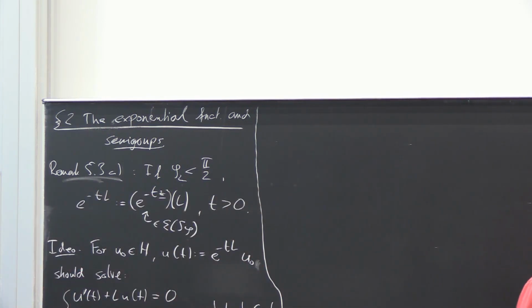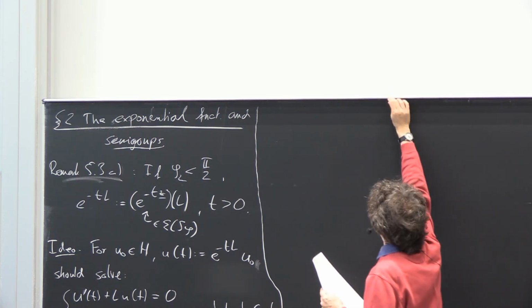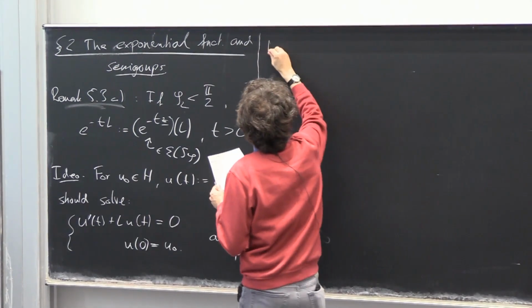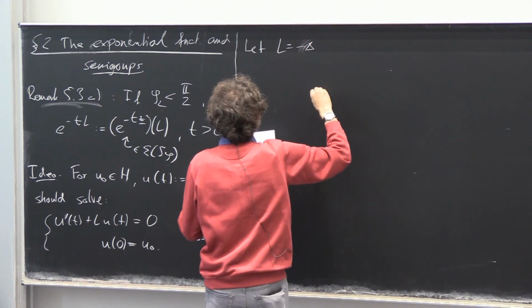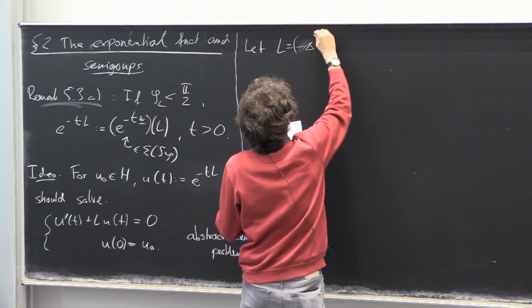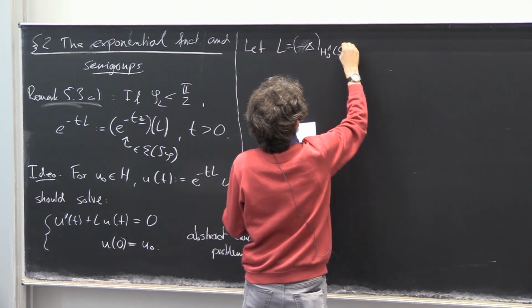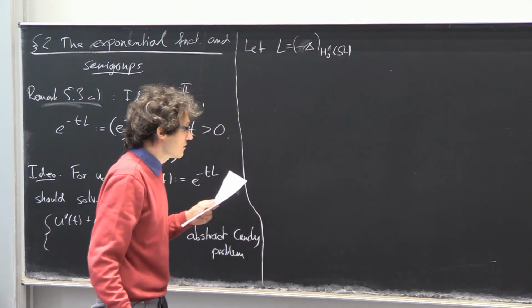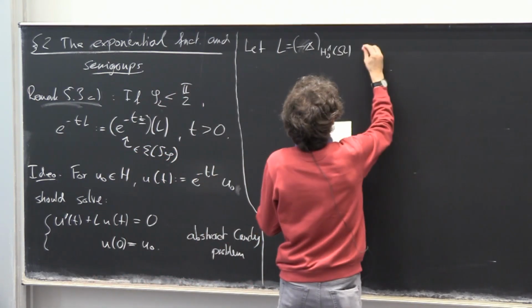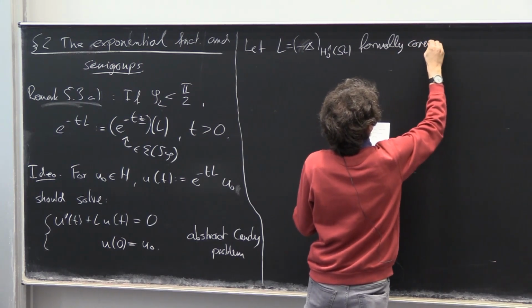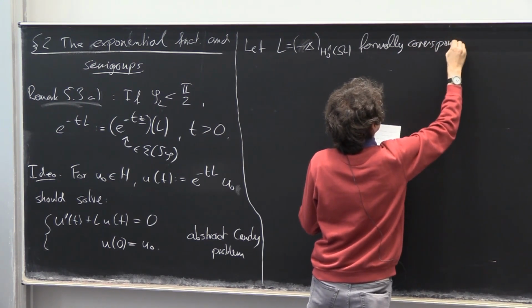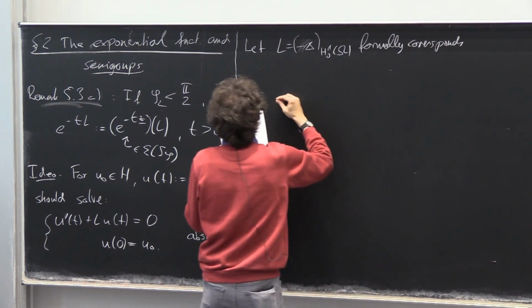For instance, if you take a concrete operator, so if you take for L our negative Laplace operator with Dirichlet boundary condition, so on some H^1_0 of Omega, then this abstract Cauchy problem, at least formally, corresponds to a well-known partial differential equation.